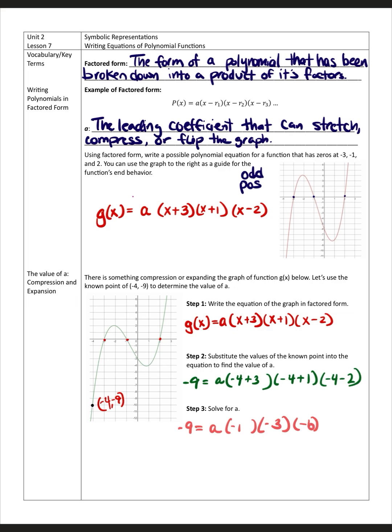I could simplify this even further, where I'll have -9 is equal to a times -1 times -3 is +3 times -6 is going to give me -18. I want to get a by itself, so that means I'm going to divide both sides by -18. This cancels out, and so I'm left with a is equal to +1/2, because -9 over -18 would simplify down to +1/2.